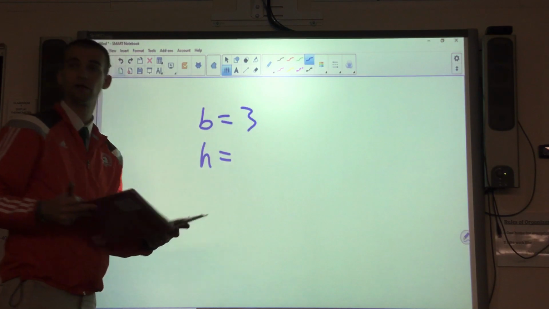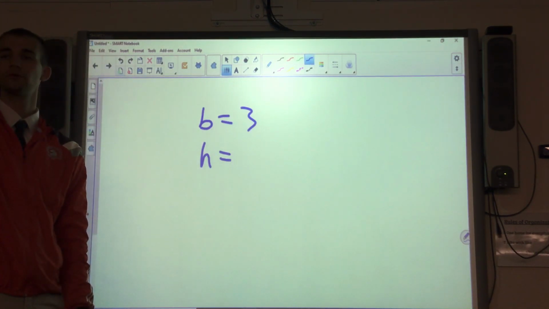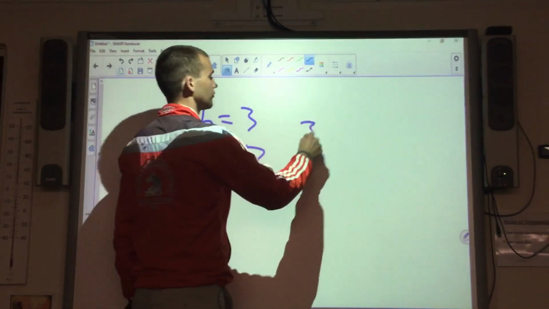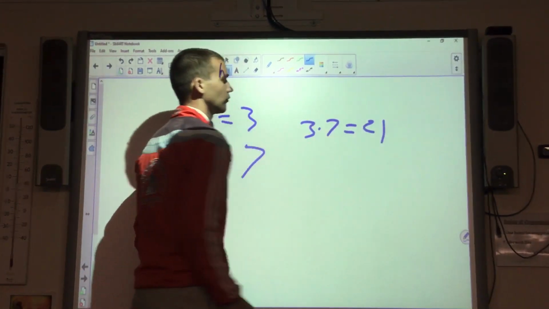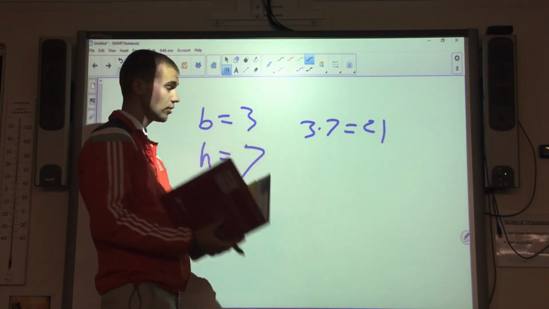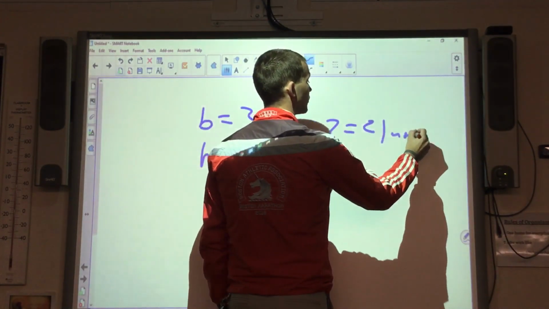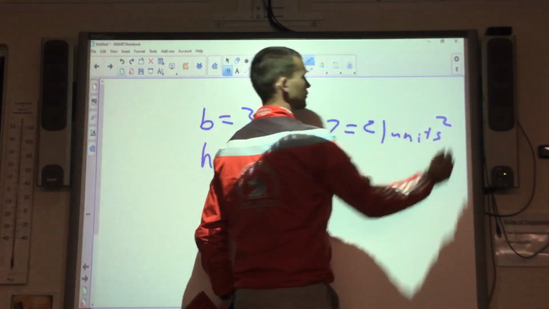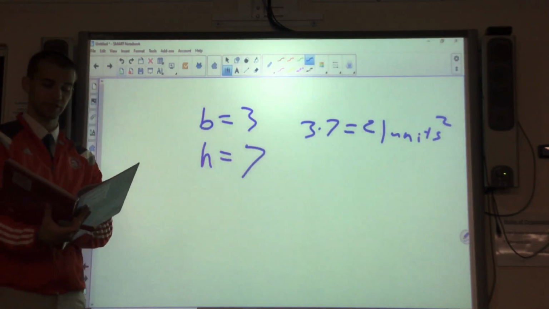And the height is 7 units. 3 times 7, look at that, 21. And does this unit have a label? No, it's not. So it is units squared. 21 units squared. It's just that simple.